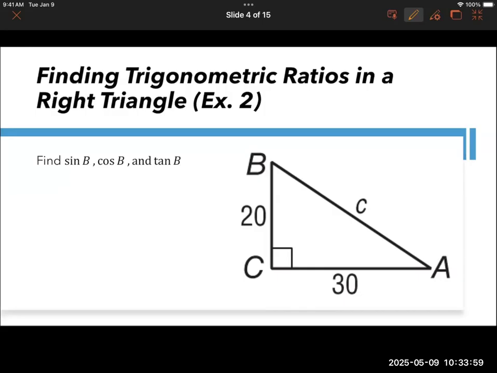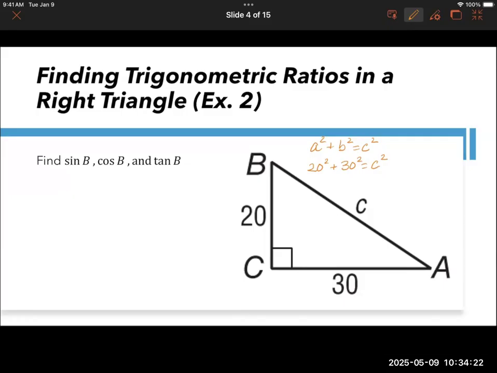But we also know that because this is a right triangle, the Pythagorean theorem applies. So I have A squared, which will be 20 squared. I have B squared, which will be 30 squared, and that will help me to find C squared.